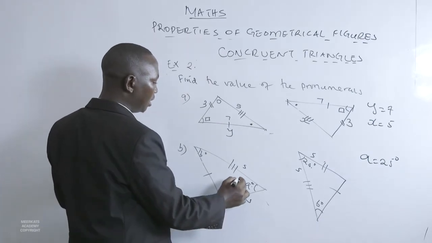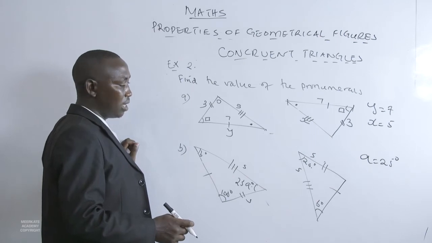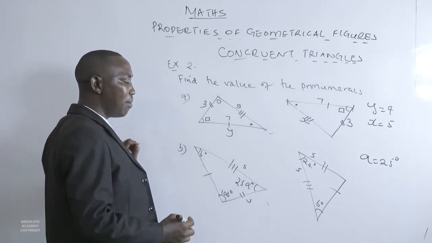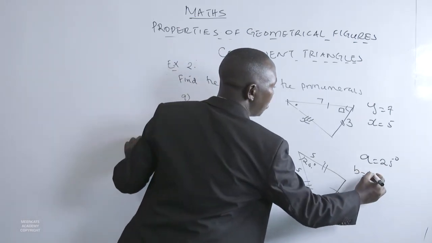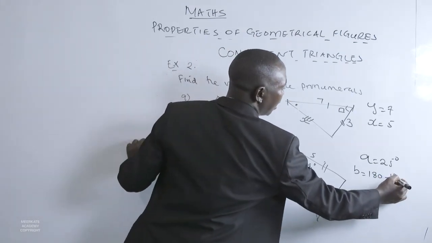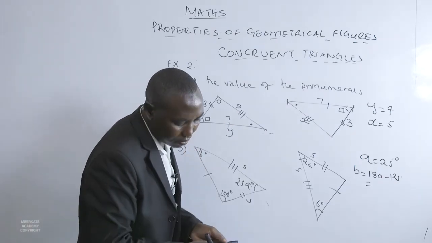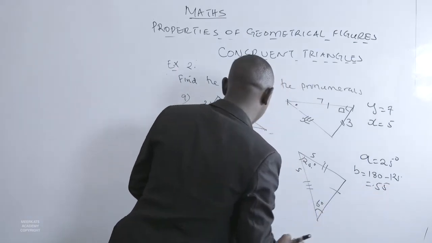Then if this is 25 degrees, we can find the value of B, because we understand that angles in a triangle add up to 180 degrees. Therefore, B will be equal to 180 minus the sum of this, which is 125, and that will give us 55 degrees.